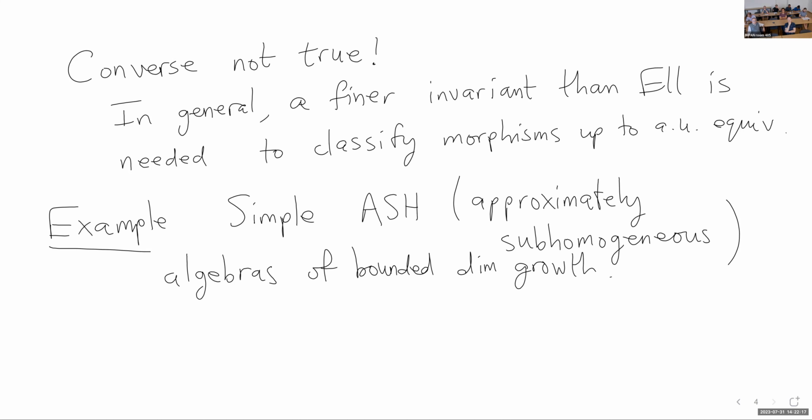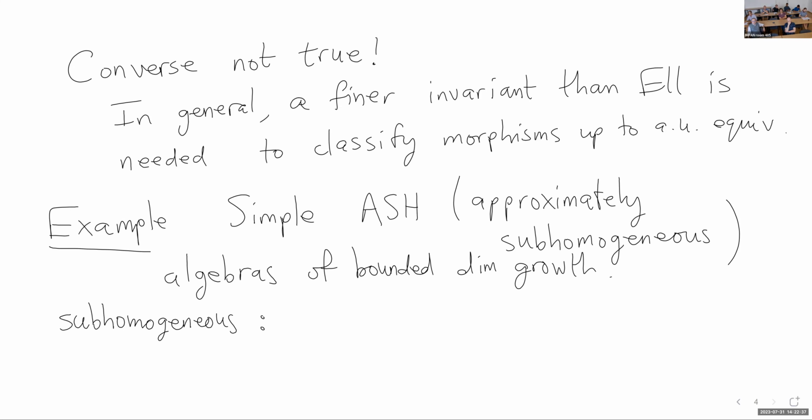Actually, slow dimension growth is your orthograph. Let's just stick to bounded. Let me explain what this means. First of all, what does subhomogeneous mean? A C-star algebra is subhomogeneous if it is a subalgebra of a homogeneous C-star algebra.